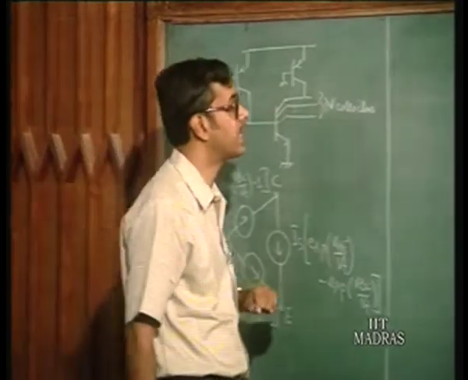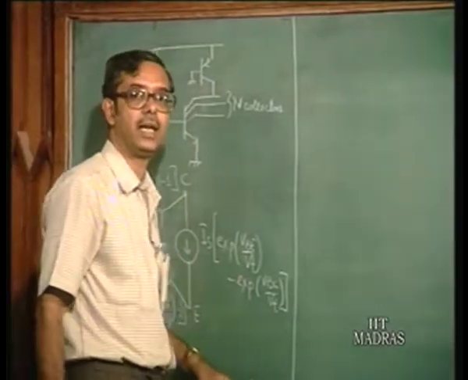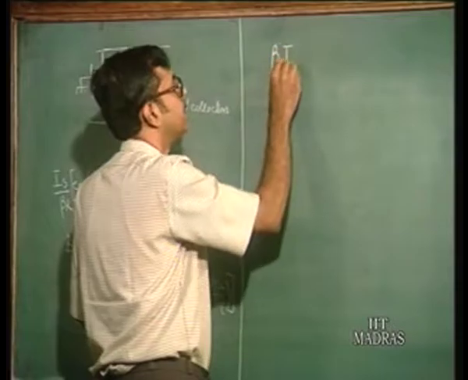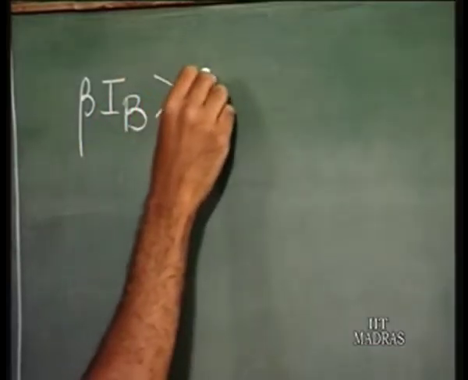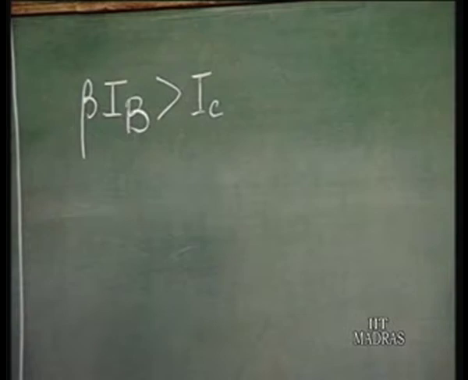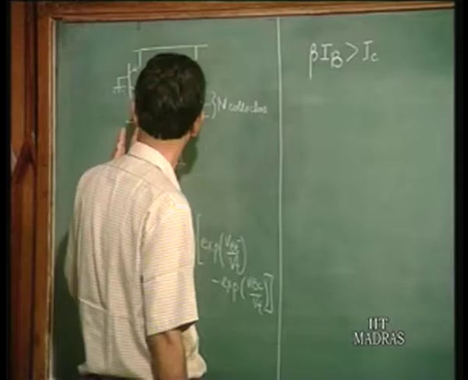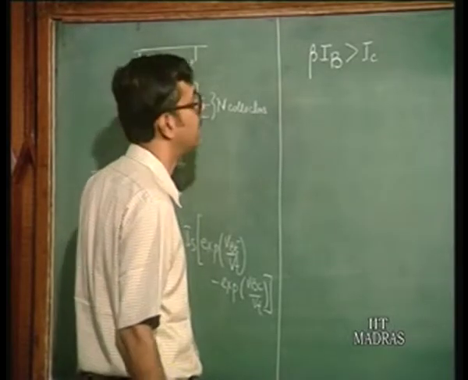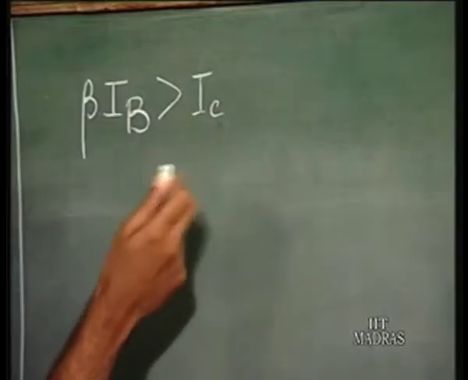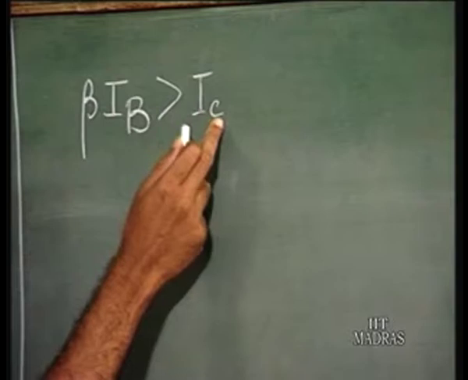Now the condition for saturation we know is that beta times IB is greater than IC. So if you consider them as n transistors, the total collector current for the n transistors is n I naught.